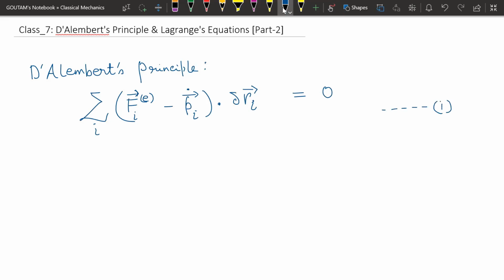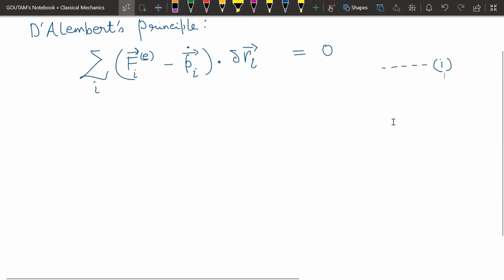So we will need this D'Alembert's principle to derive Lagrange's equations.